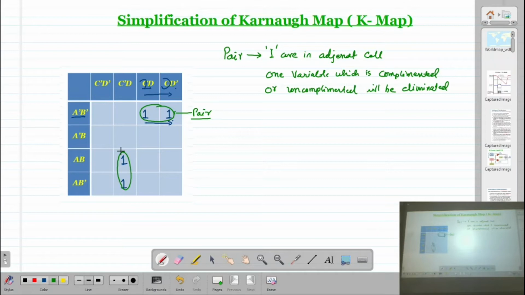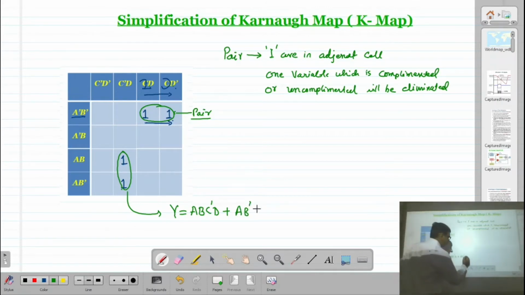Correct? Here, if I write the expression for this pair, y will be equal to, first of all for this one, it is a b and c prime d. Then for this high level, I will write a b prime c prime d.